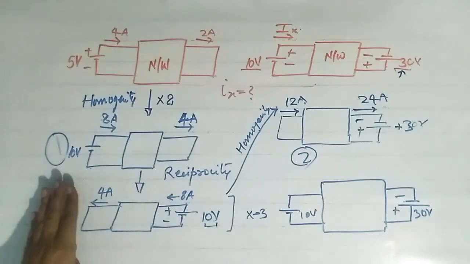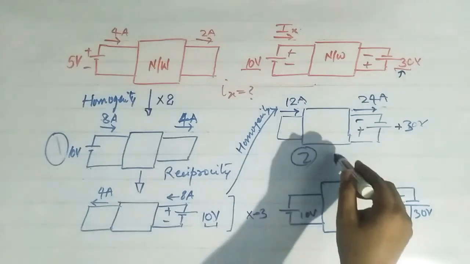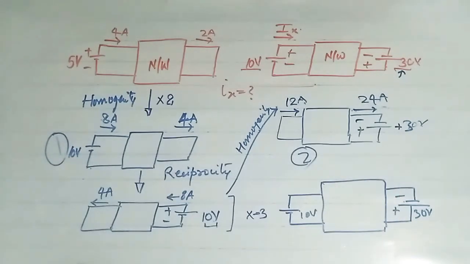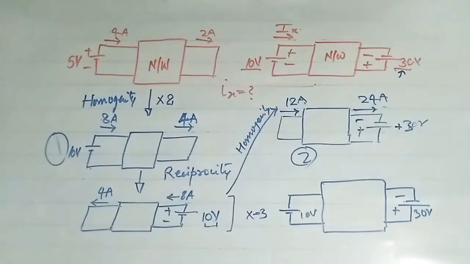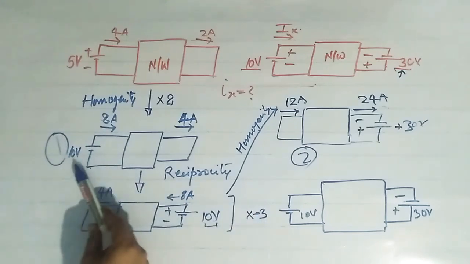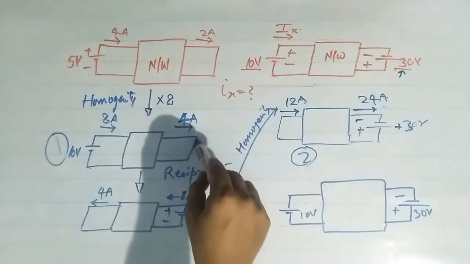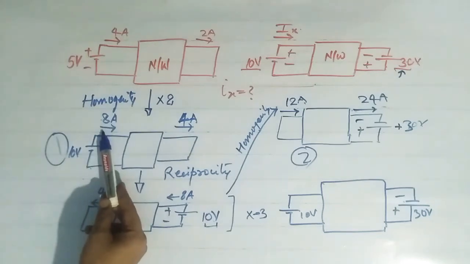So we can define this superposition of 1 and 2 as: if this 30 volt is applied with this polarity, then current in this branch is 12 ampere in this direction, and when this 10 volt is applied to this circuit, making this 30 volt short circuited, then current in this branch was 8 ampere.